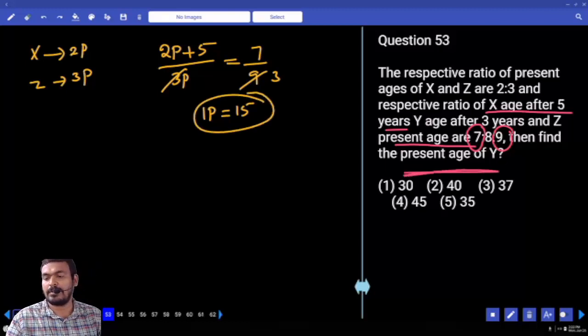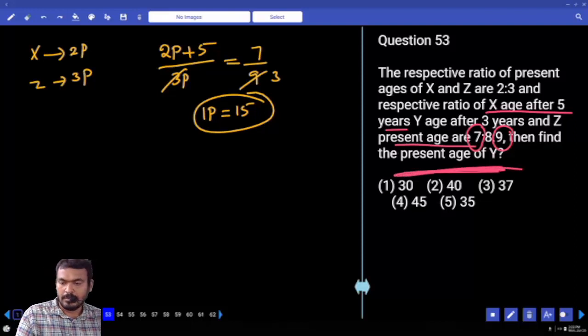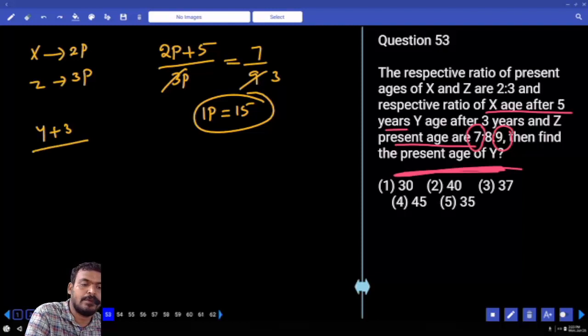What is the question here? Present age of Y. Present age of Y means what is the Z value? We required Y after how many years? We required Y present value and already we know Y after 3 years. Y after 3 years means Y plus 3 by Z present value. What is the Z present value? 3 parts.